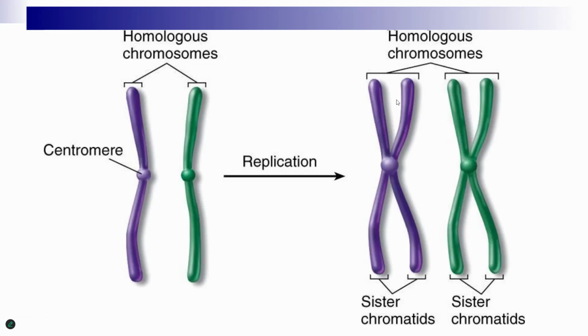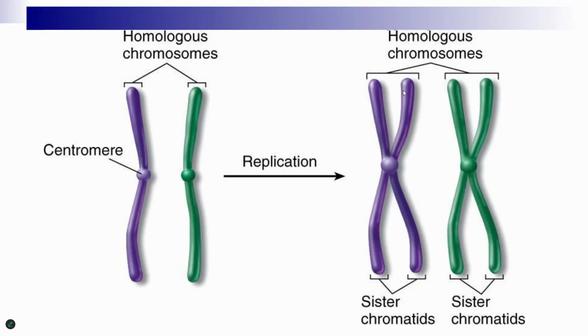And so here on the right, we've got two homologous chromosomes that have duplicated. They're still counted as a chromosome because those two sister chromatids are still attached together at the centromere. So chromosome number 1 from mom, chromosome number 2 from dad. Those are going to pair up in meiosis and then separate into different daughter cells. And that is kind of the key to meiosis, those homologous chromosomes pairing up.